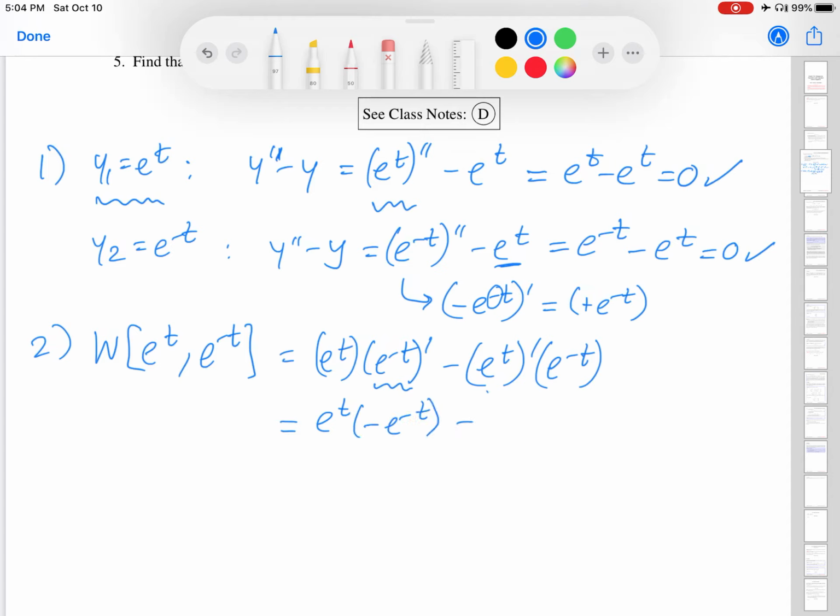And then over here I have the derivative of e to the t, that's just e to the t, times e to the minus t. So this gives me negative e to the t minus t, that's 0. e to the 0 is 1, so I just get negative 1, minus, and then here I get e to the t times e to the minus t, same thing. So I have the same base here. I add the exponents, t minus t is 0, e to the 0 is 1, so I get negative 2. So this is my Wronskian.